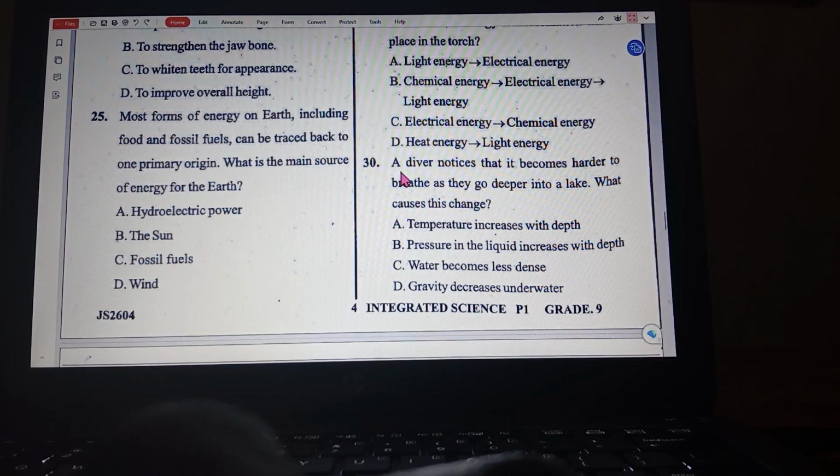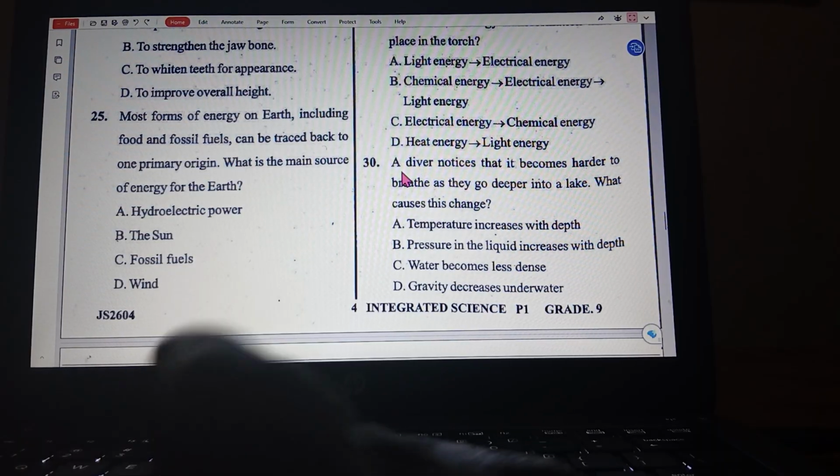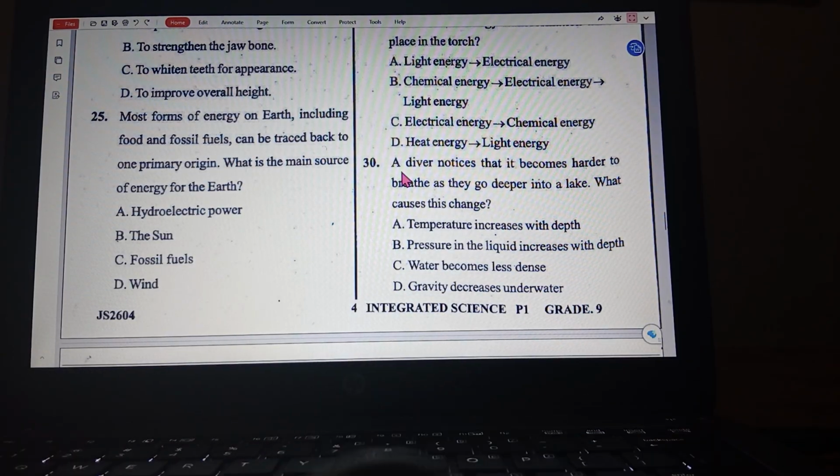Then the last question, section A. Remember I said that when we get time, we'll talk about section B. Now, a diver notices that it becomes harder to breathe as they go deeper into a lake. What causes this change?